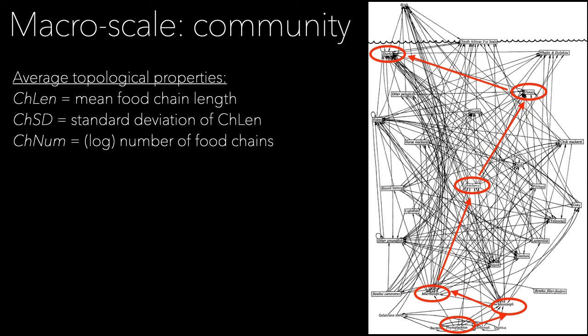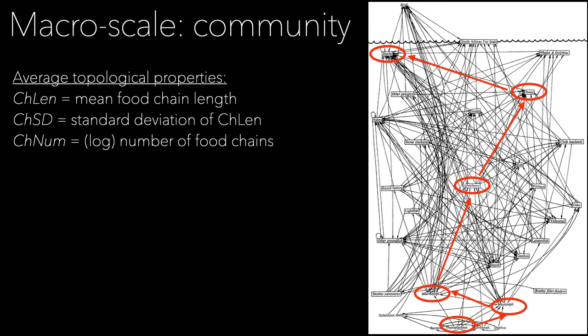So in this case, the food chain between phytoplankton and sharks is equal to 5. We can repeat the same exercise for all the pairs of species and then calculate a mean food chain length.